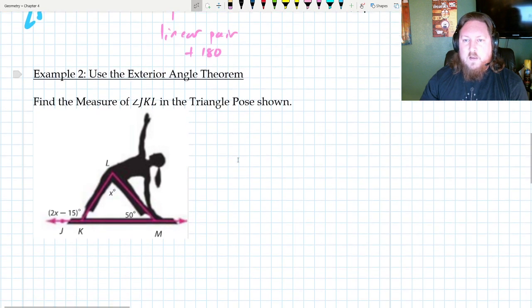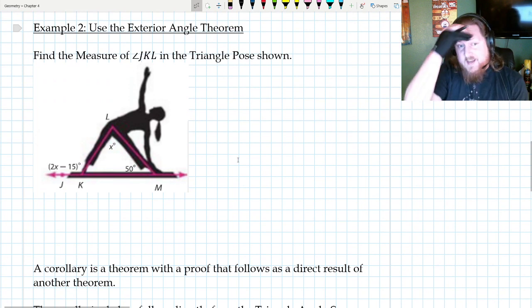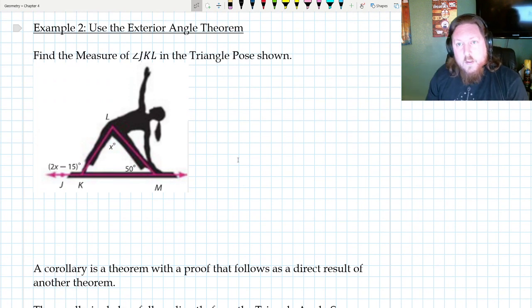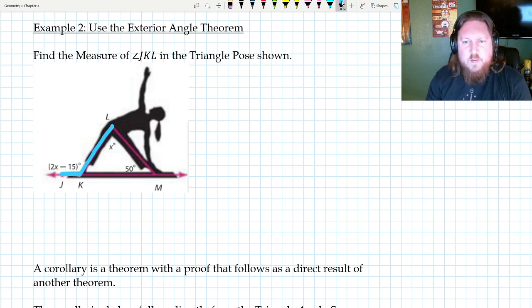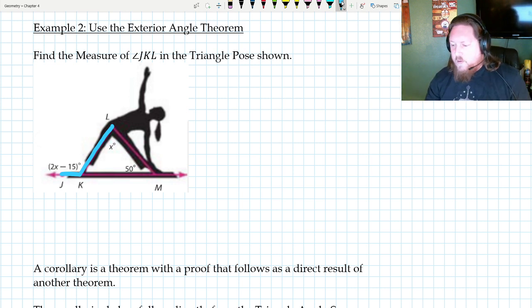Let's take a look and use this theorem in an example. Find the measure of angle JKL. Alright, so that's the angle we're looking for. It looks like it's got an expression in the triangle pose shown below. Of course, the triangle pose is a yoga pose.